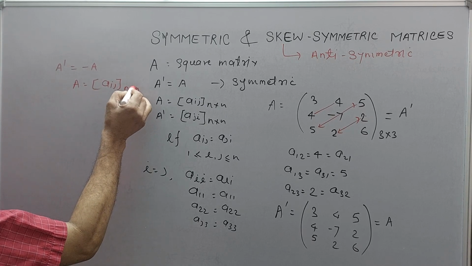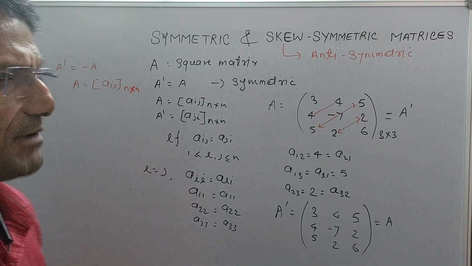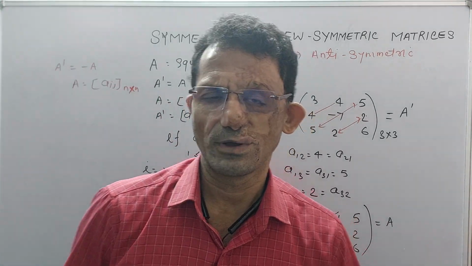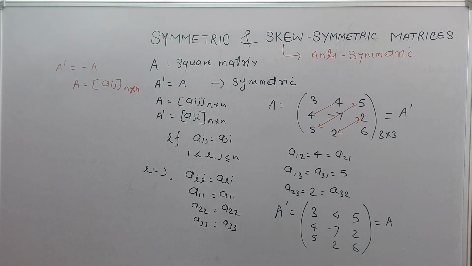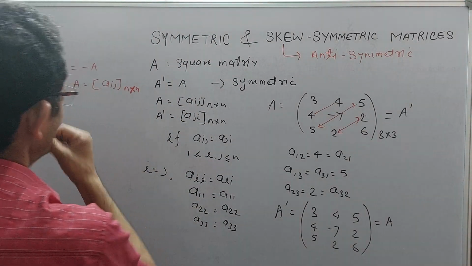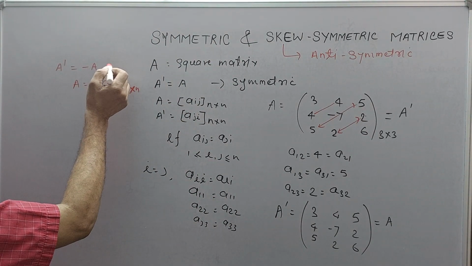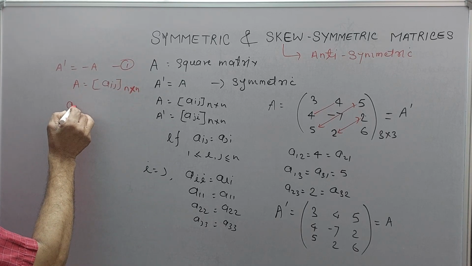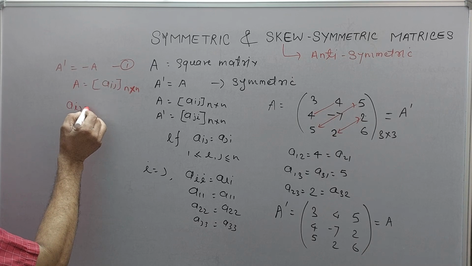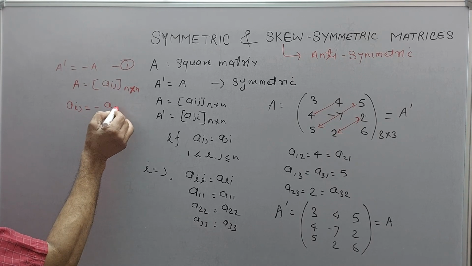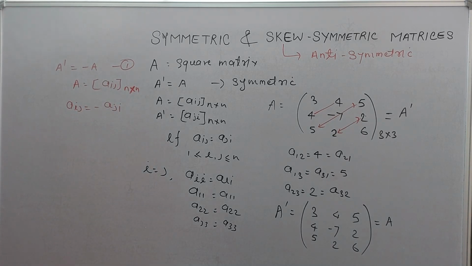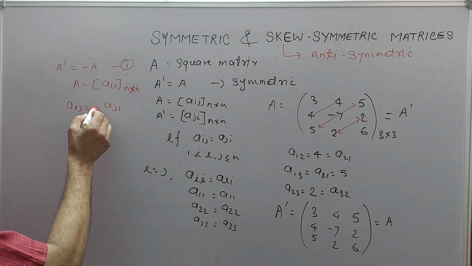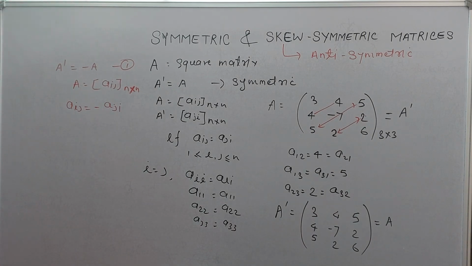Finding symmetric and skew-symmetric is possible only for a square matrix. So here the order is n. According to the rule, equation number 1, the ijth element should be minus Aji. So here the corresponding element is just the opposite of this one.